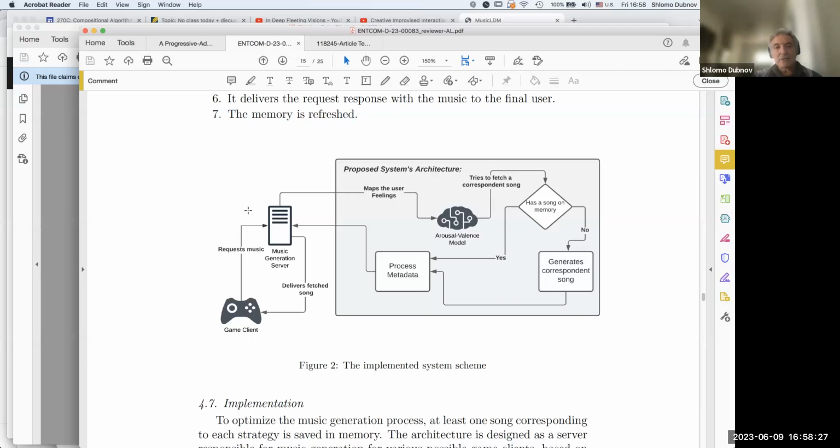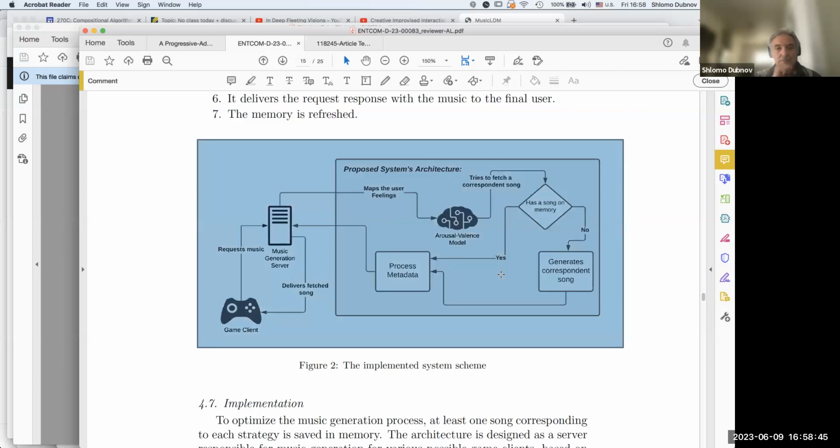Then the question is, how do you translate the game client to the music? You need some sort of a model. So at least in this article, the proposal was to use arousal, valence, or emotions that will map to the behavior of the users and maybe some emotional characteristic of a scene.